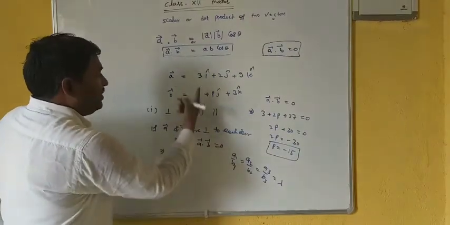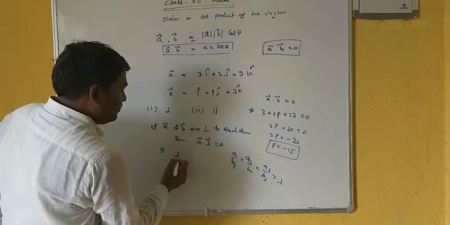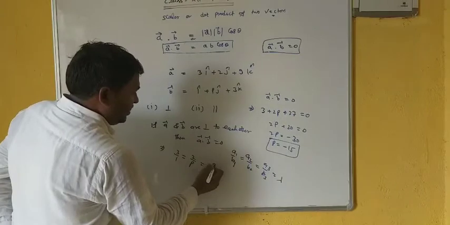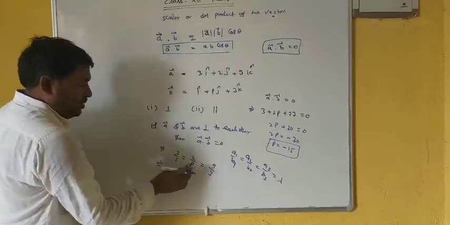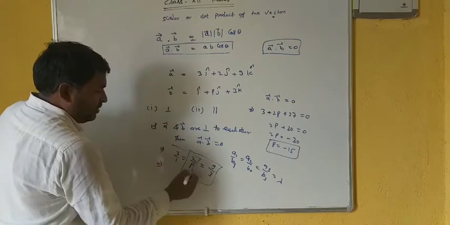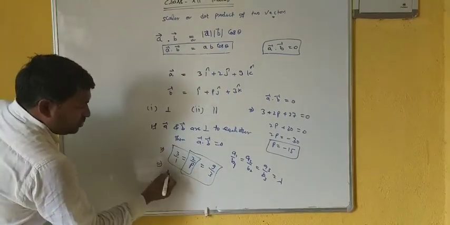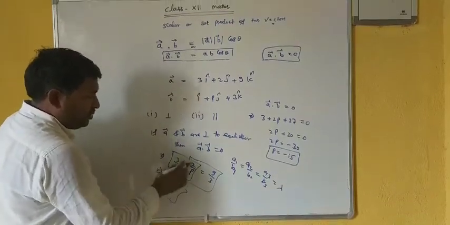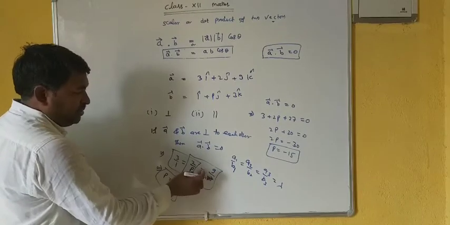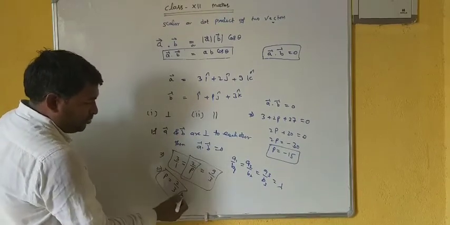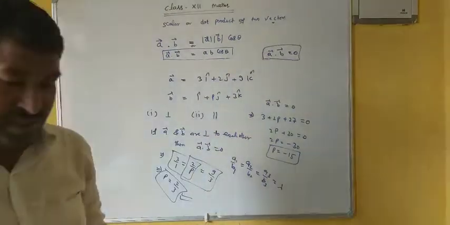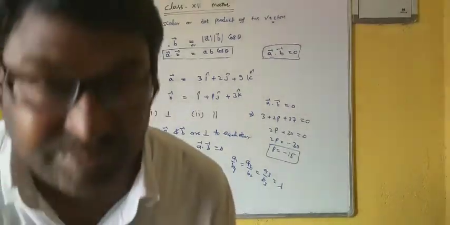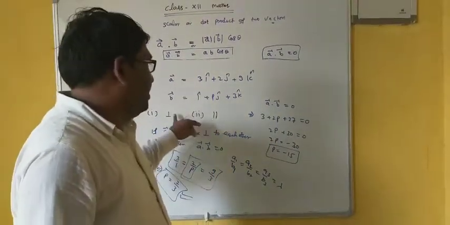It implies that 3 upon 1 should be equal to 2 upon p, should be equal to 9 upon 3. Either taking this one or this one, you can calculate the value of p. So p is equal to 2 by 3. Otherwise from here, 3 threes are 9, again p is equal to 2 by 3. So the value of p will be 2 by 3 if they are parallel to each other, and this value of p will be minus 15 if they are perpendicular to each other.